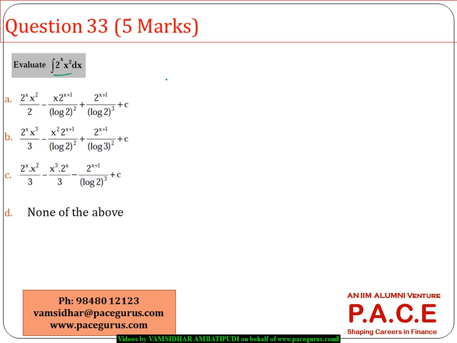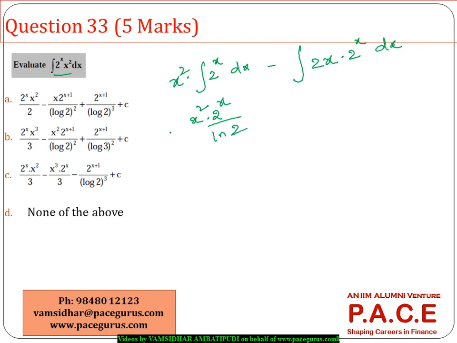So here I'll go ahead with saying x squared into integral of 2 power x dx minus integral of, for x squared I'll take the derivative, 2x into 2 power x by log 2 dx. So the first term comes out as x squared into 2 power x by log 2.